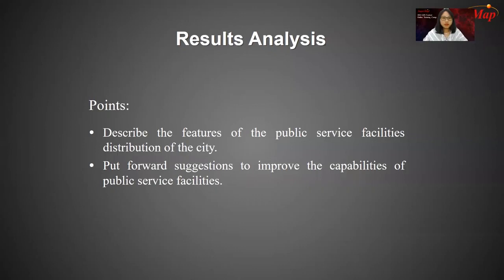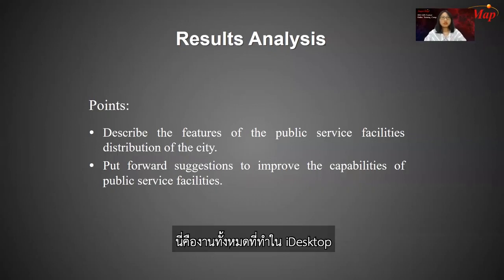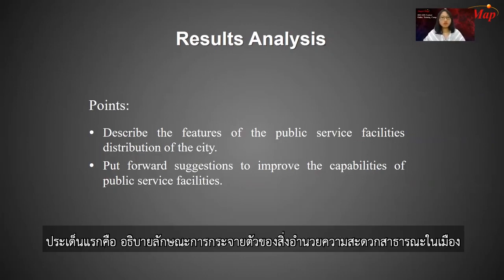So that's what we are going to do at this stage, and then we should further analyze the results. Here I put two points. The first, you should describe the features of the public service percentage distribution of the city.